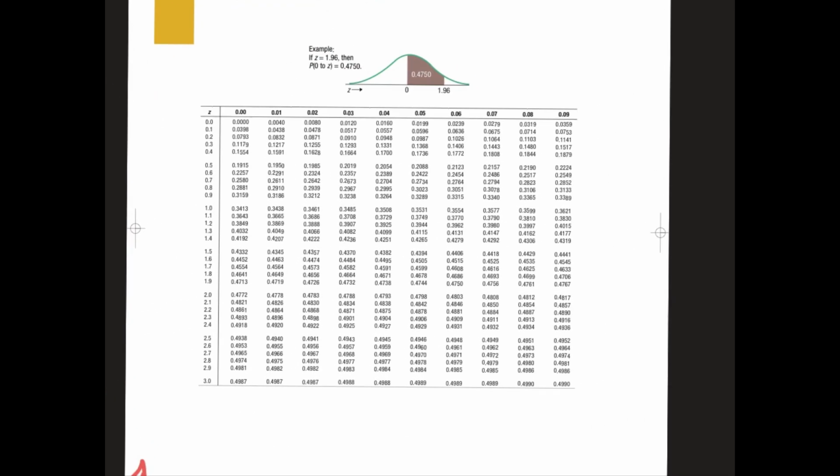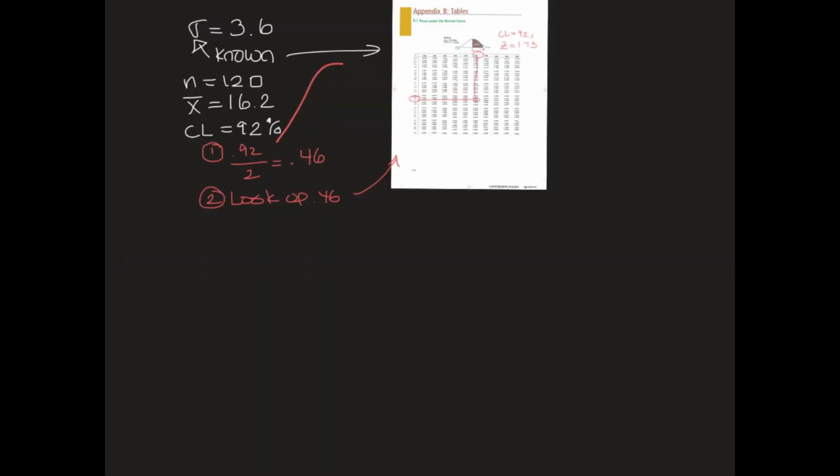Scrolling through this table, we find 0.46 would be closest to this value here, and we'll say 1.75 is that z value. So the z value for a 92% confidence level is 1.75.